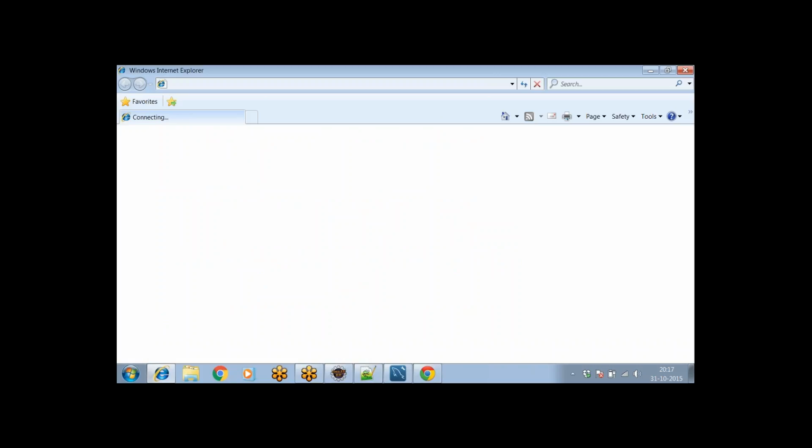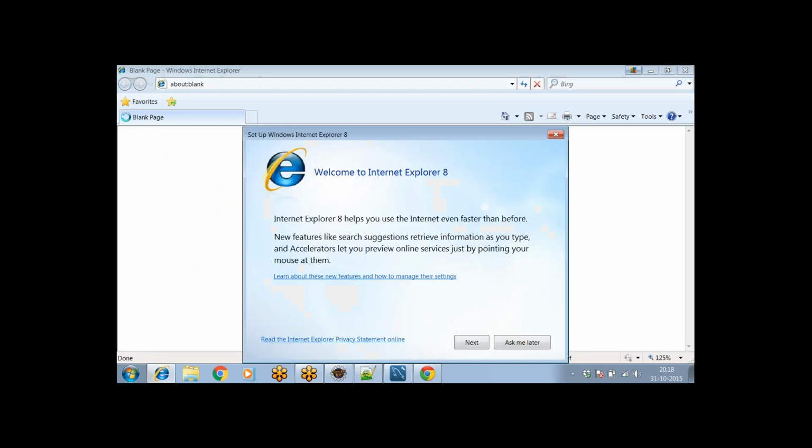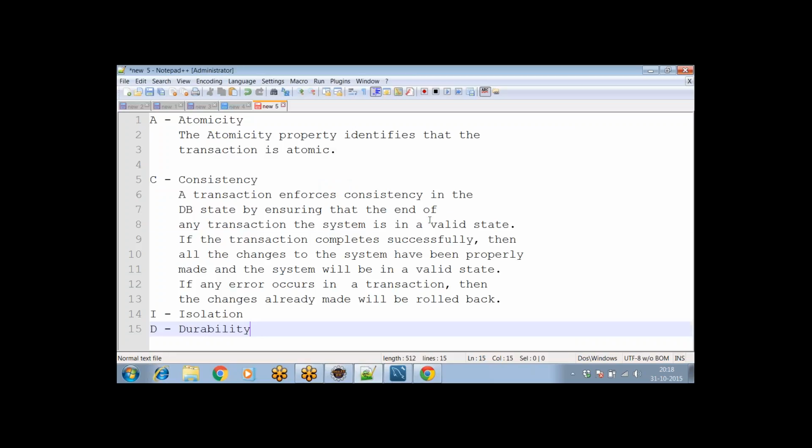When the transaction is executing, it will make changes to the database system.